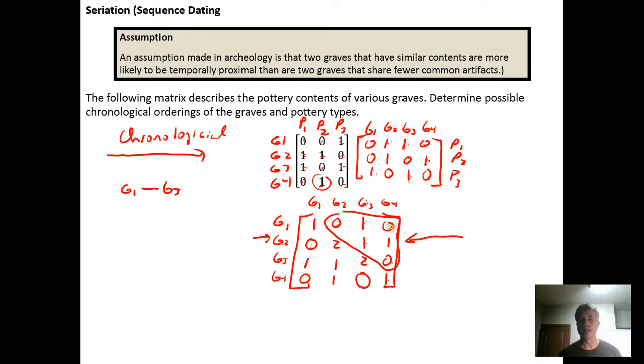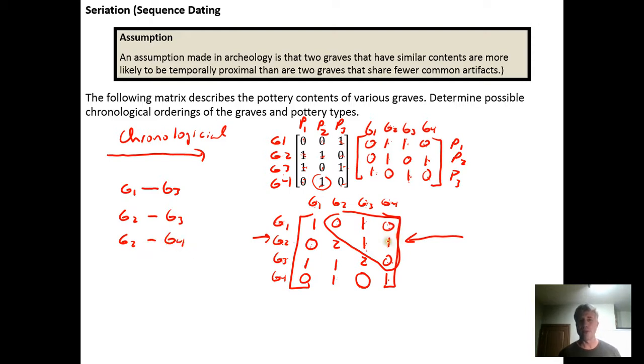Grave 1, because it shares nothing in common with grave 4, isn't related in time to grave 4. Grave 2, however, is related temporally or in time to grave 3 because they share a common pottery type. So grave 2 is related to grave 3. And grave 2 is related to grave 4 because they also share a common pottery type.